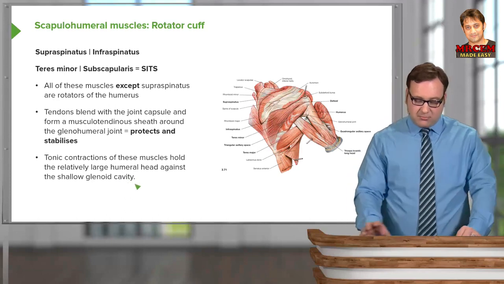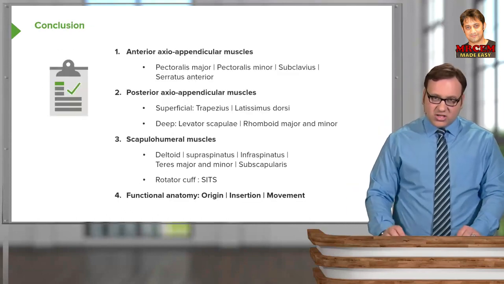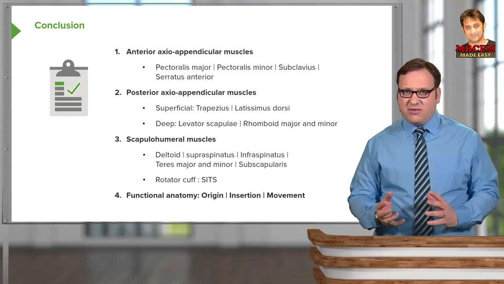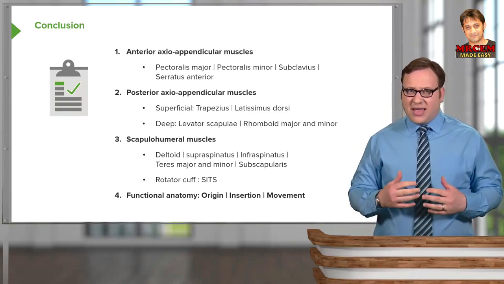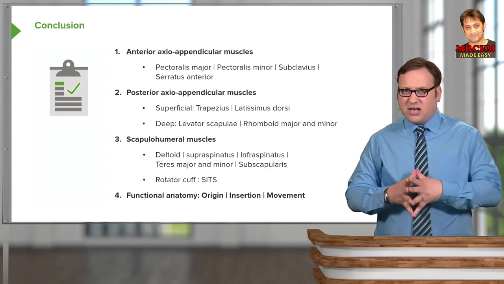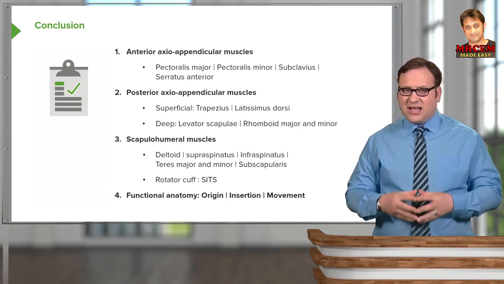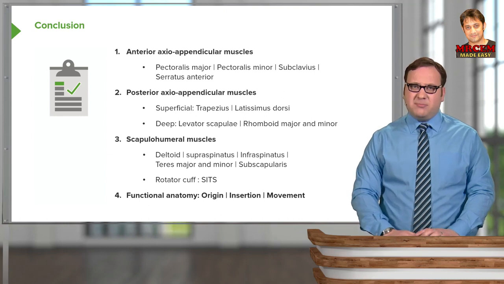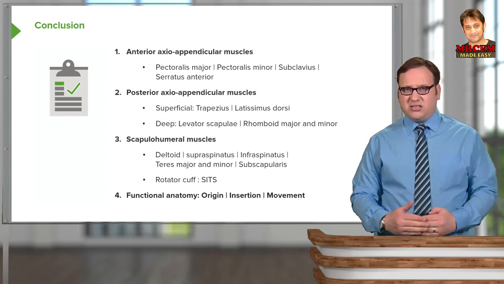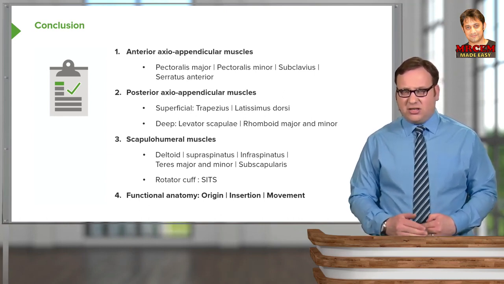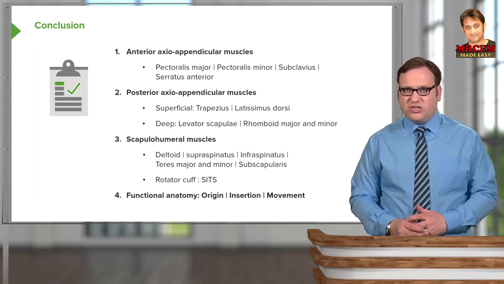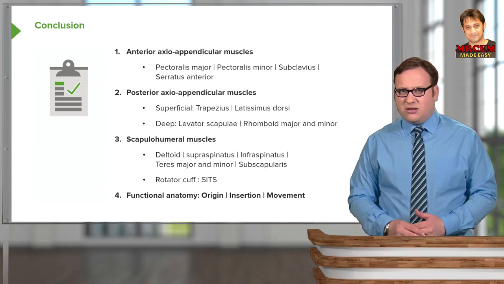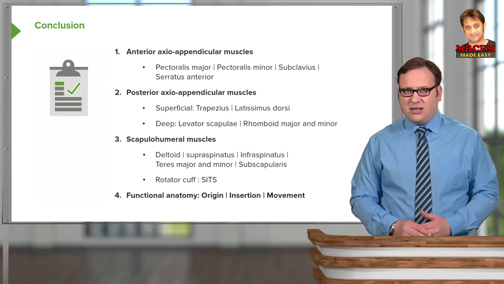So in this lecture, we've looked at the anterior and posterior axio-appendicular muscles. The anterior ones: pectoralis major and minor, subclavius and serratus anterior. And then posterior muscles split into two groups, superficial and deep: trapezius and latissimus dorsi in the superficial, levator scapulae and rhomboid major and minor in the deep.